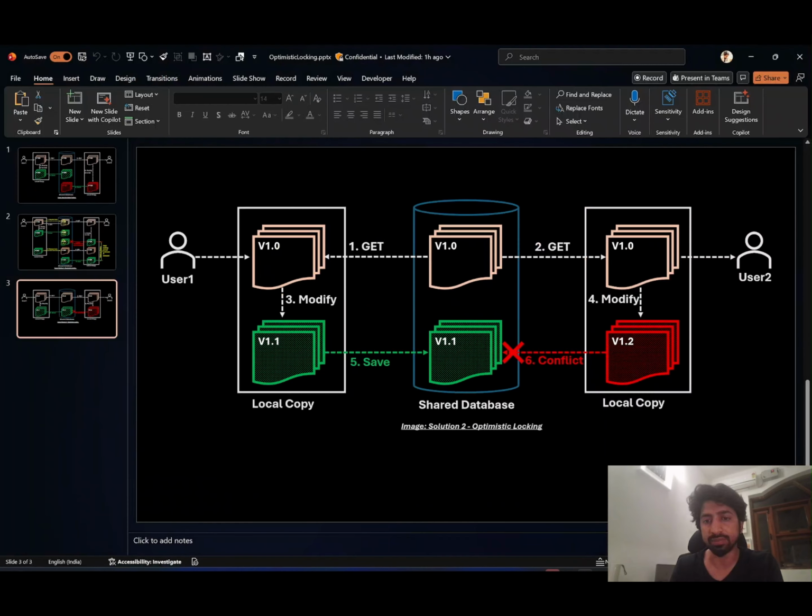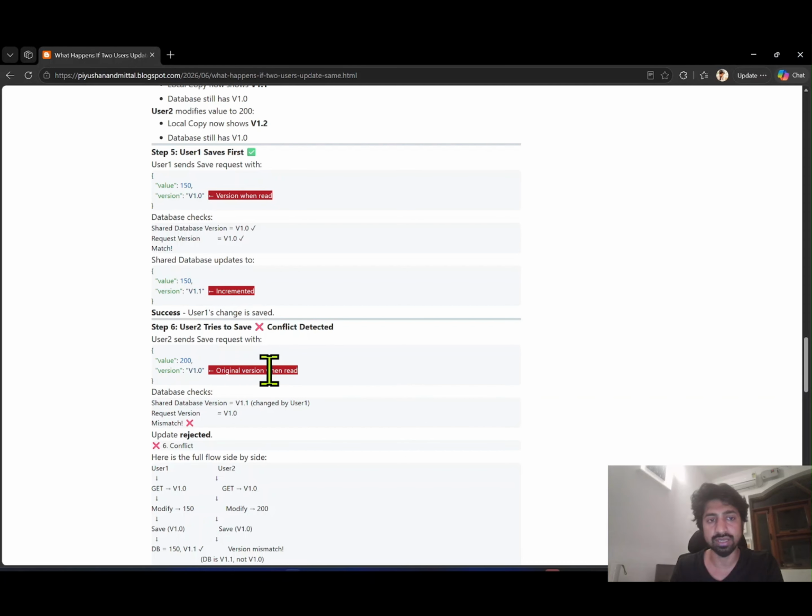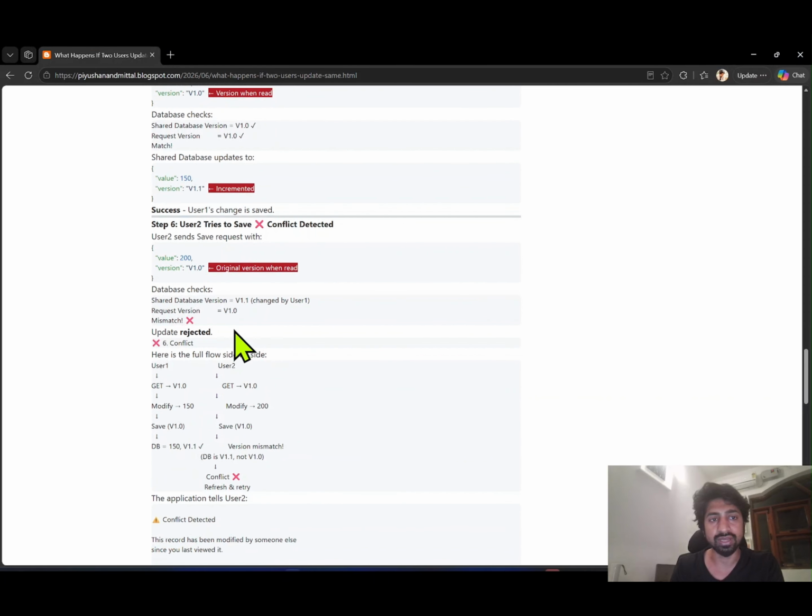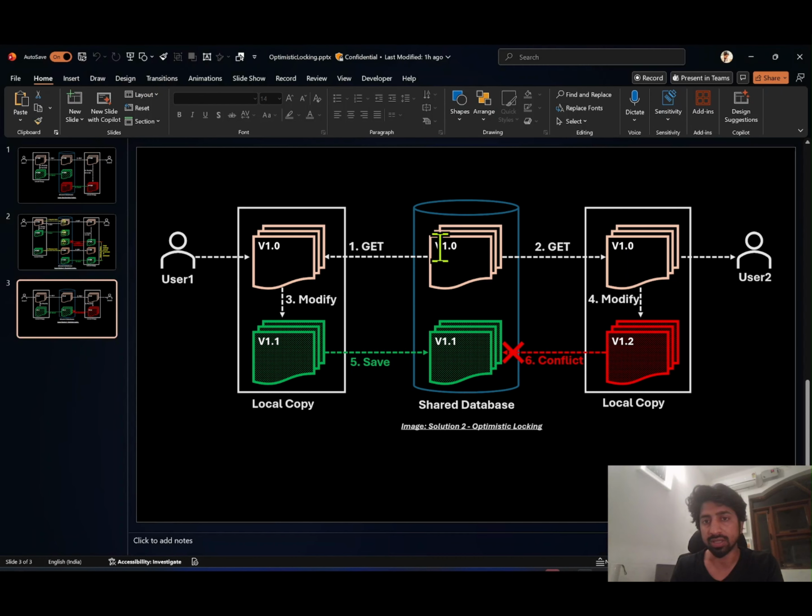Now, what happens next is user 2 modifies that particular record and tries to update that record in the database. What's happening at the backend is that when user 2 read that particular record, the initial version was 1.0. If you see here, this was 1.0 when user 2 read that record from the database. It modified it to something, maybe 1.2.